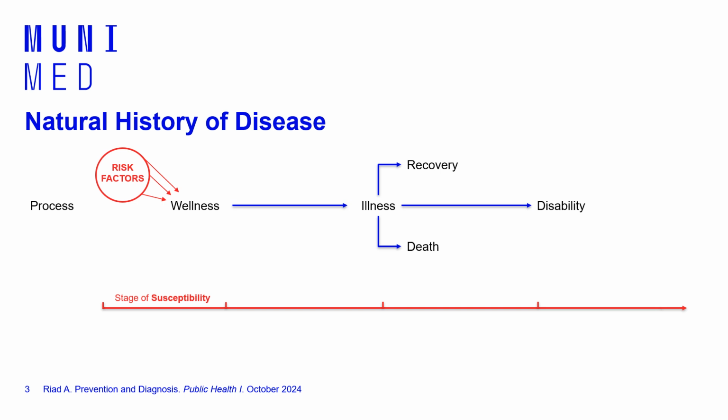A good example for this can be a smoker. The smoker at the moment shows no abnormalities or no disease, but we know that at a certain point of their lives they will start to suffer from certain diseases.